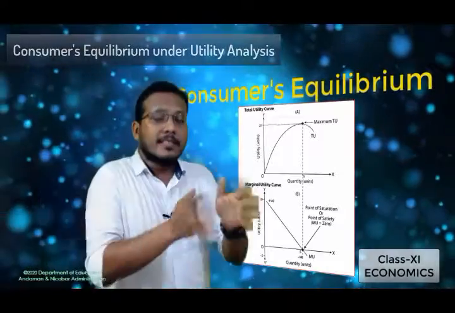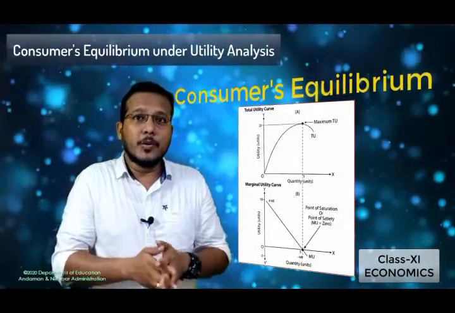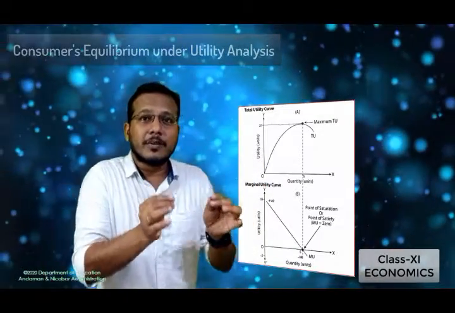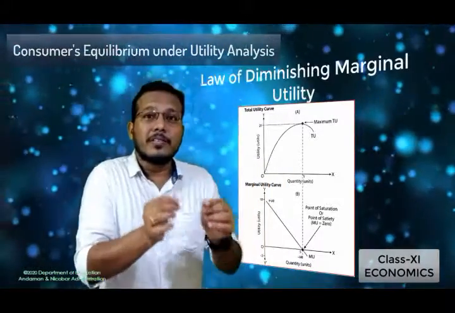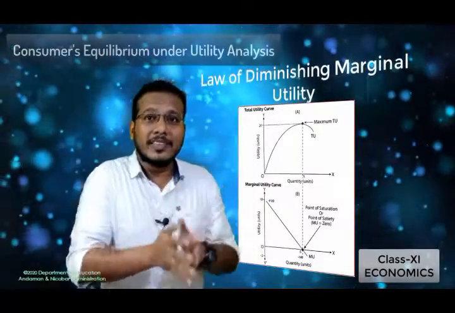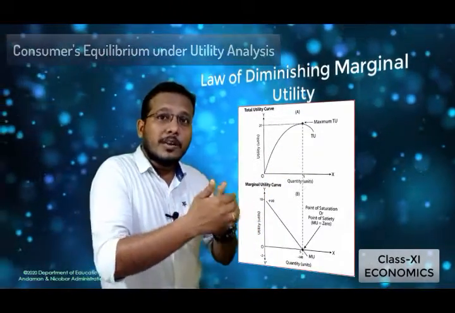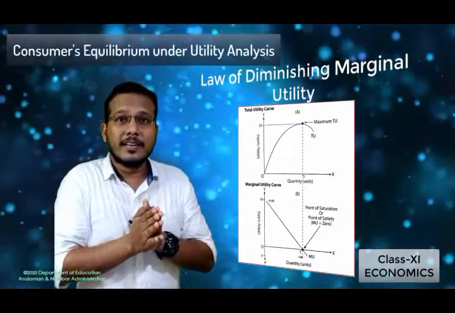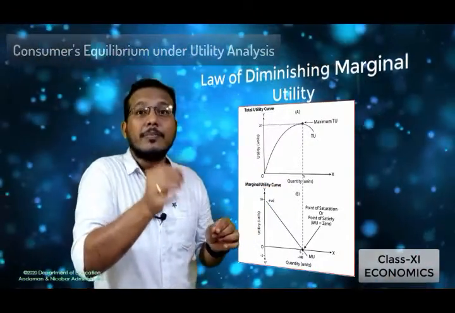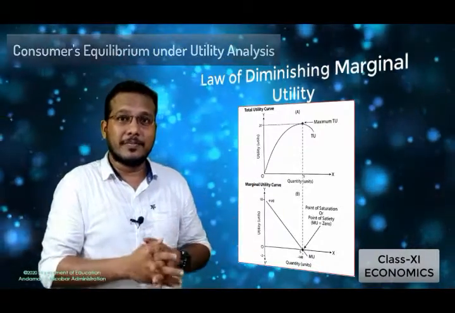So students, this relation between TU and MU can be studied with the help of a theory called the law of diminishing marginal utility. What does the law say? When more and more units of a commodity are consumed, the satisfaction derived from the additional unit will be less than the previous one.